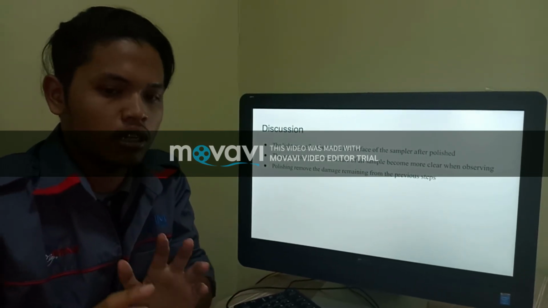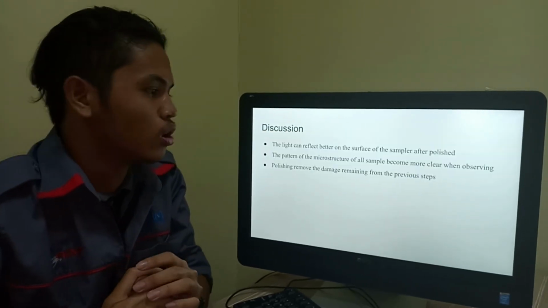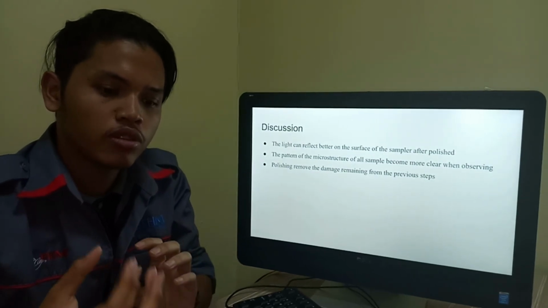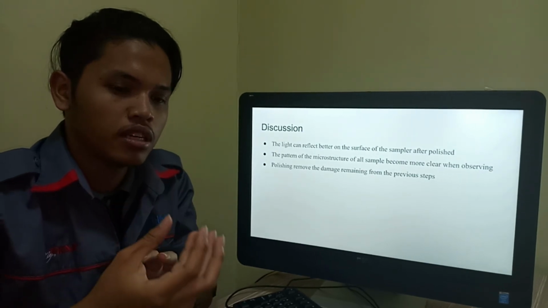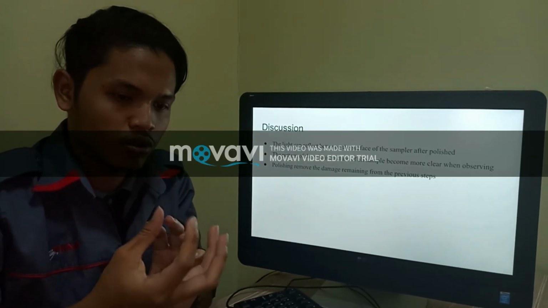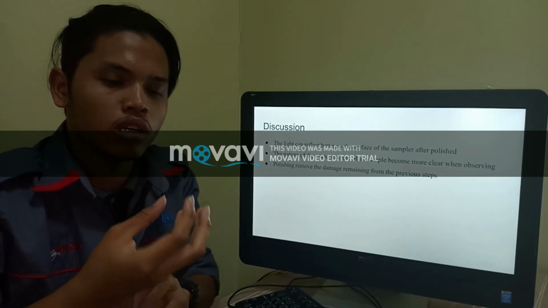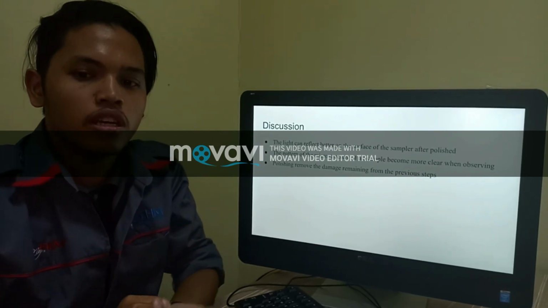As you can see in the report, the microstructure becomes darker when the grinding process is too long. And also, we observe that the microscope needs to be adjusted perfectly, so we can see the microstructure of the sample become clearer and clearer. That's all from me.